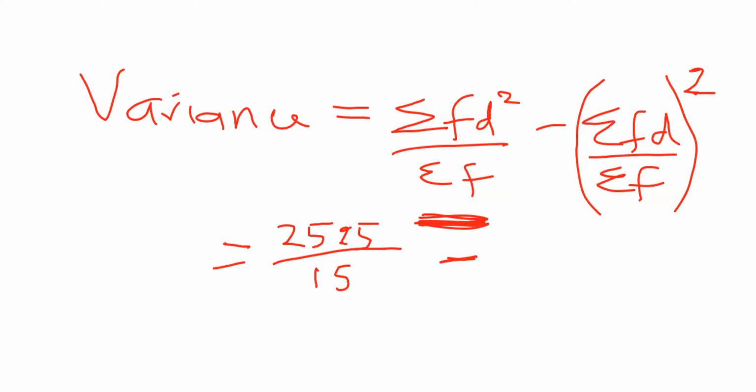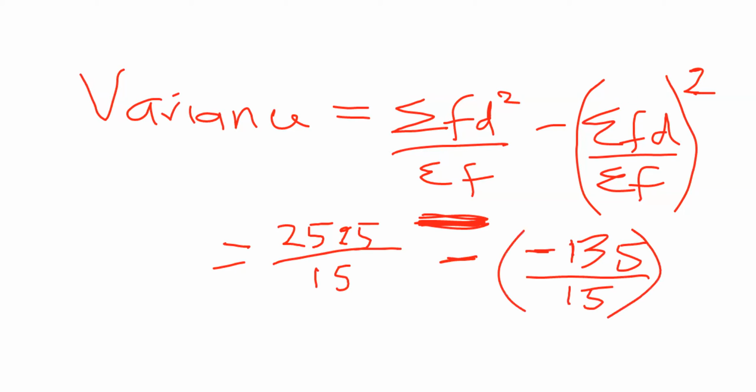You have minus 135 all over 15, everything raised to the power of 2. This is our formula: 225 over 15 minus 135 over 15, raised to power 2. Everything in that bracket, I'm going to divide it and raise it to power 2. I'll divide the first one, then the difference will be our variance.